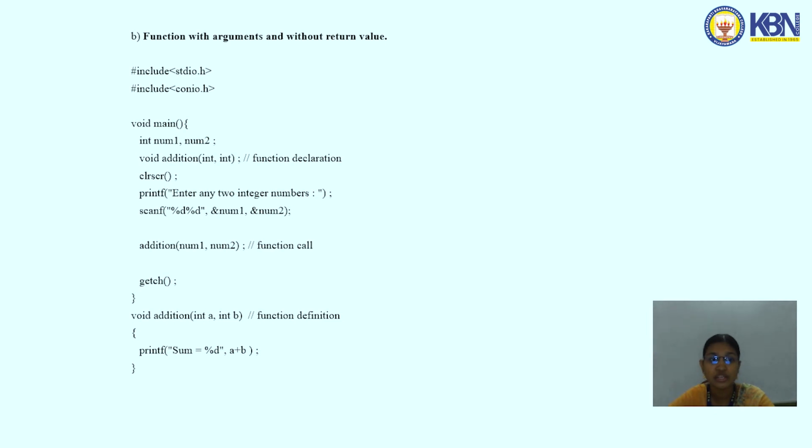Here also it does not return any value. I am using two integer numbers, and I have to read them. I have to call the addition function. Whenever I call the addition function, it goes through the function definition. It means we are declaring the arguments int a comma int b. Then it executes the printf statement.